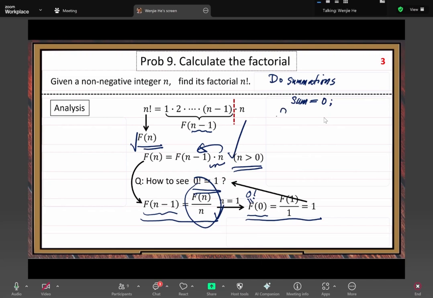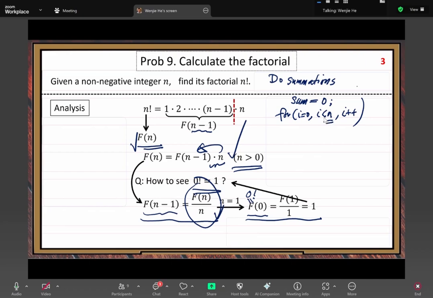So here, for example, we do a for loop, with i less than n. Let's assume n is the array size.